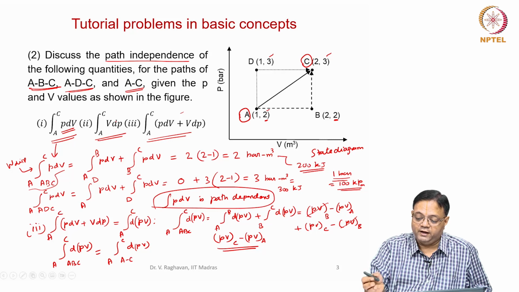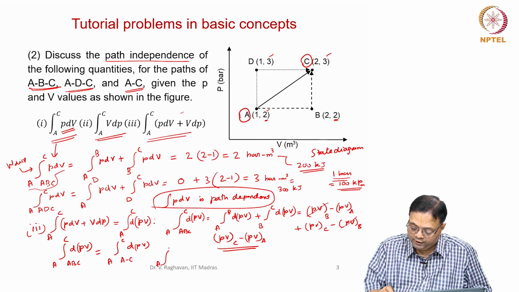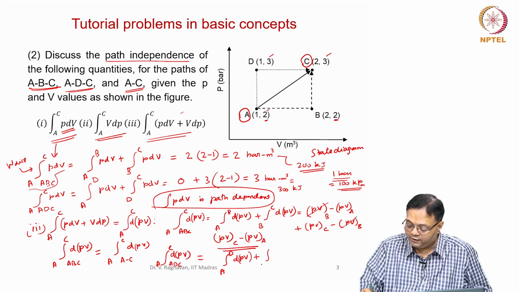So, just verify the ADC now. Integral A to C d PV in the path ADC will be equal to integral A to D of d PV plus integral D to C of d PV.